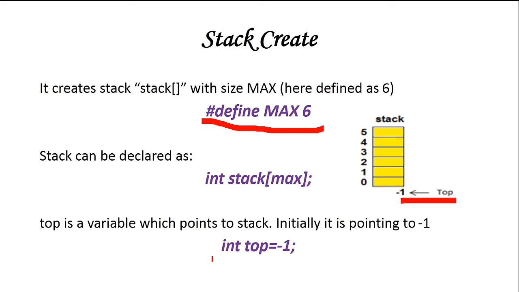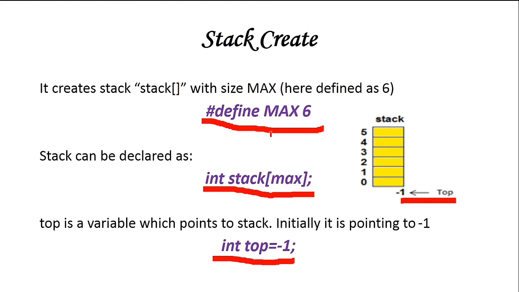How can I do that? I can write it as int top = -1. Initially, as a global declaration, I can initialize the top as -1. Then how can I declare the stack? Because I want to declare it as an array, I can declare it using the array name stack, and I can give the maximum size as max.